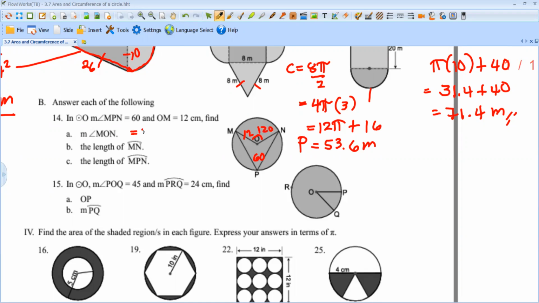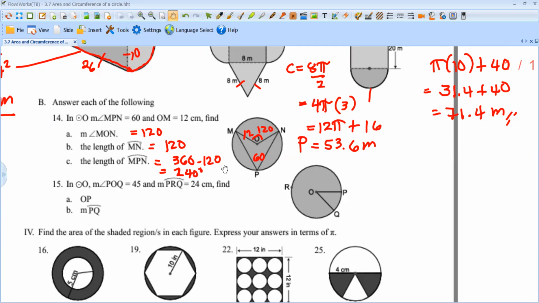So this angle is 120. So arc MN is also 120. And the length of MPN is 360 minus 120. That is 240. So this is 240.